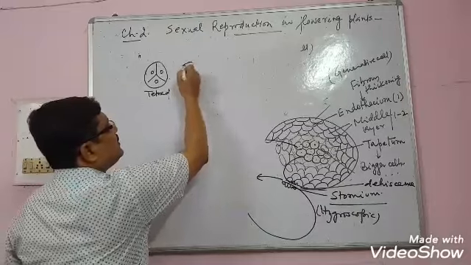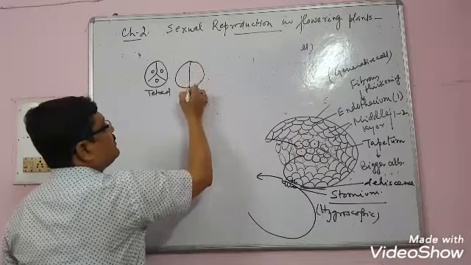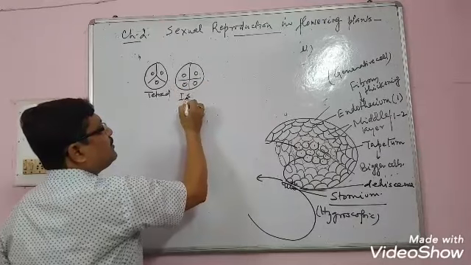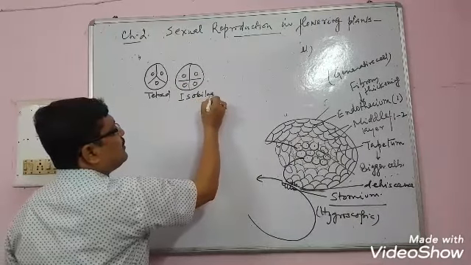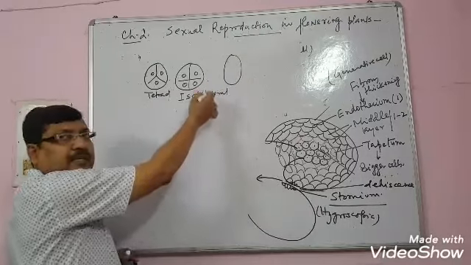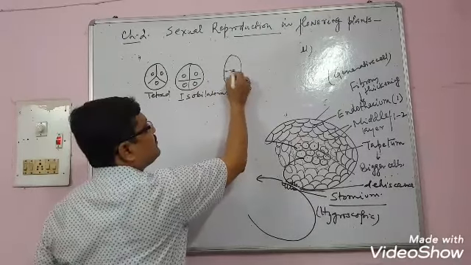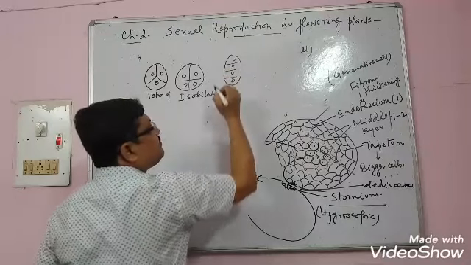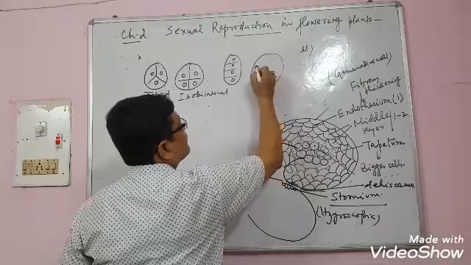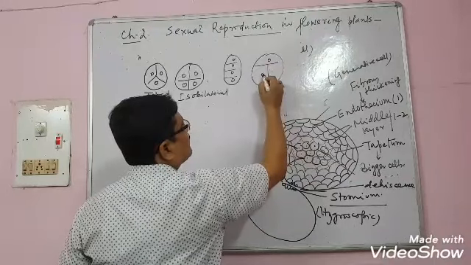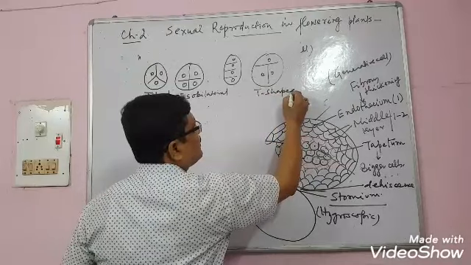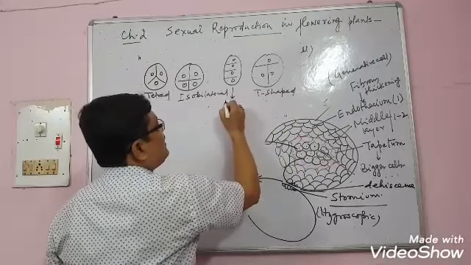Sometimes it is isobilateral like this. Sometimes it is linear. Sometimes like T-shaped. This one is linear.